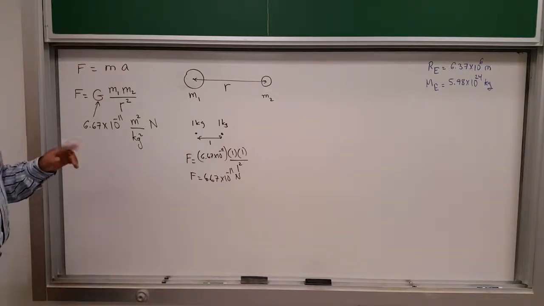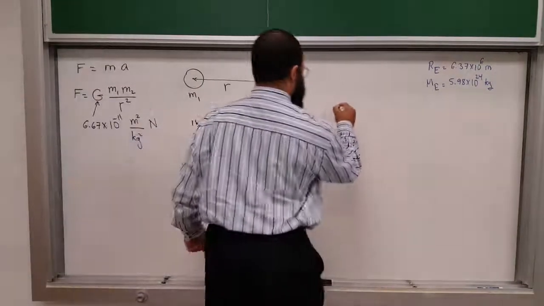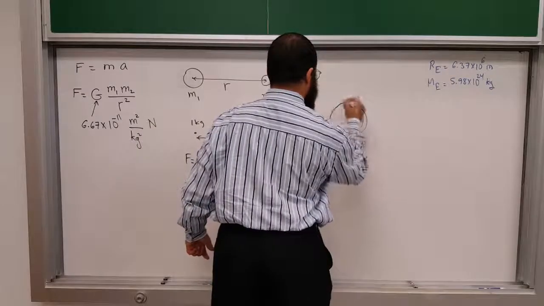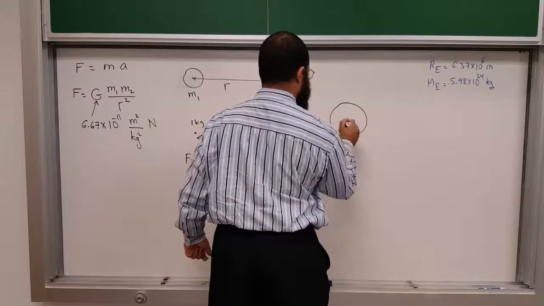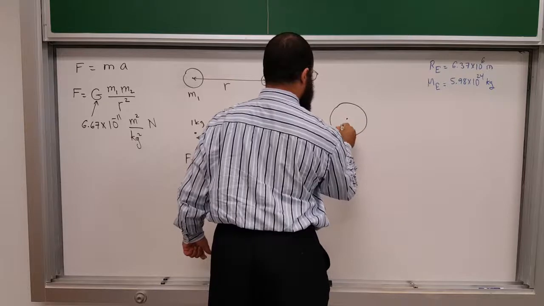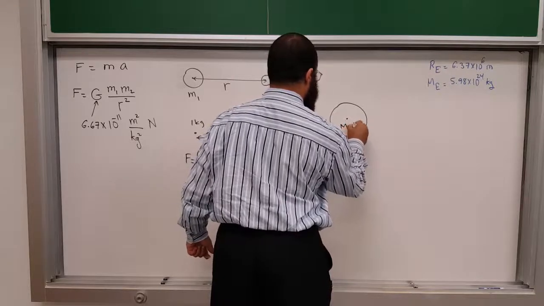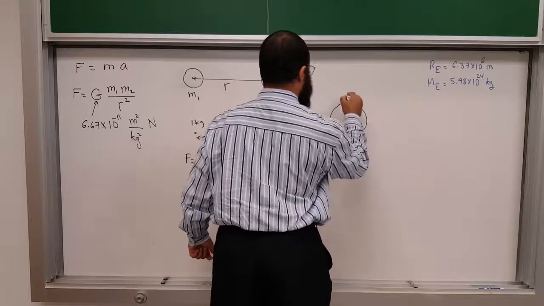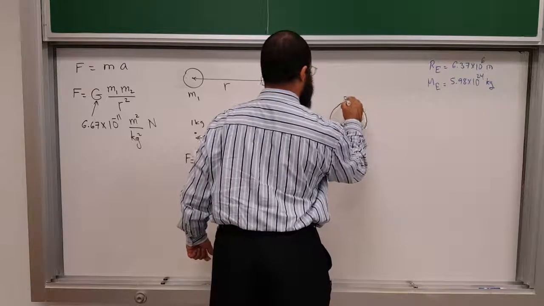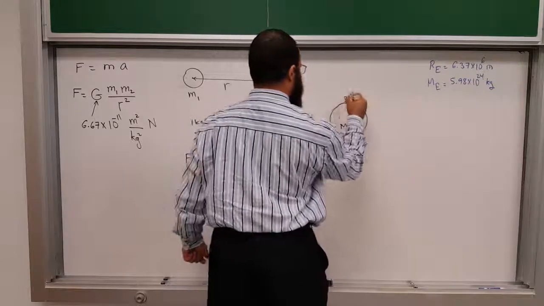So let me do one more example. Here's Earth. This is M1, the mass of the Earth. And you're the person here on the surface of the Earth. You are M2.